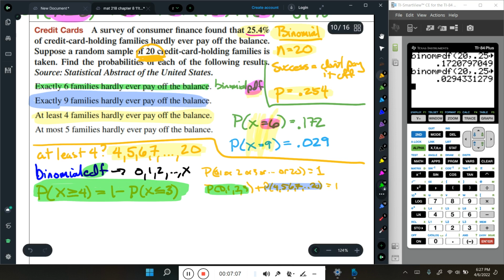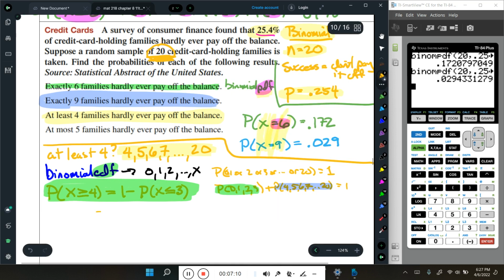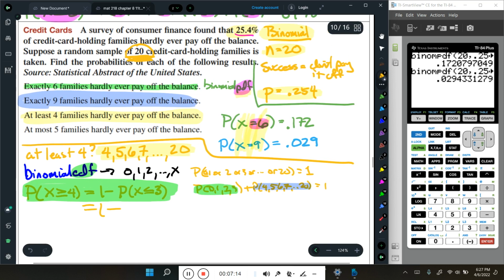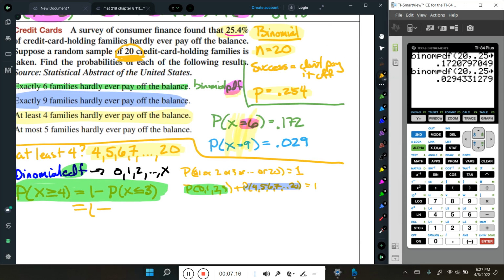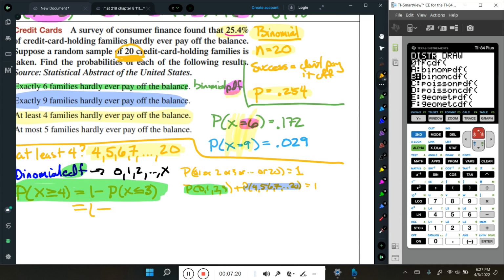So then I'm going to go grab my calculator and calculate that out. That's going to be 1 minus, let's see, clear that, go to my distribution menu, Binomial CDF, 20 trials, probability of success is 0.254. The x value is 3, because that's the highest one I want to calculate.